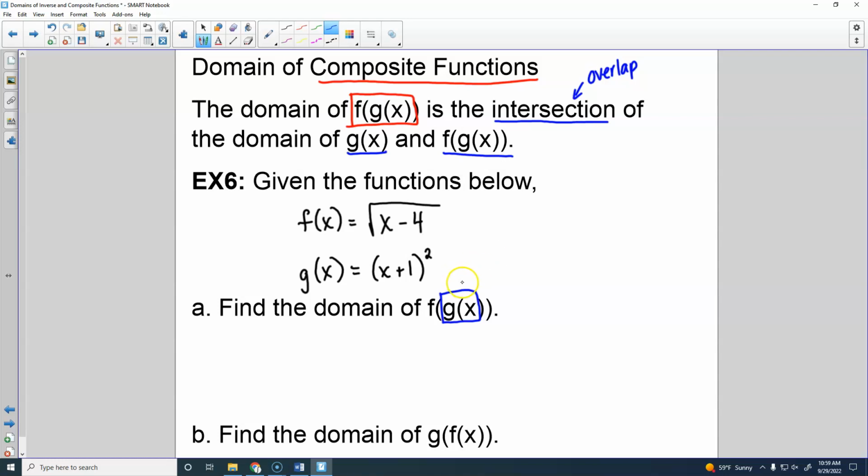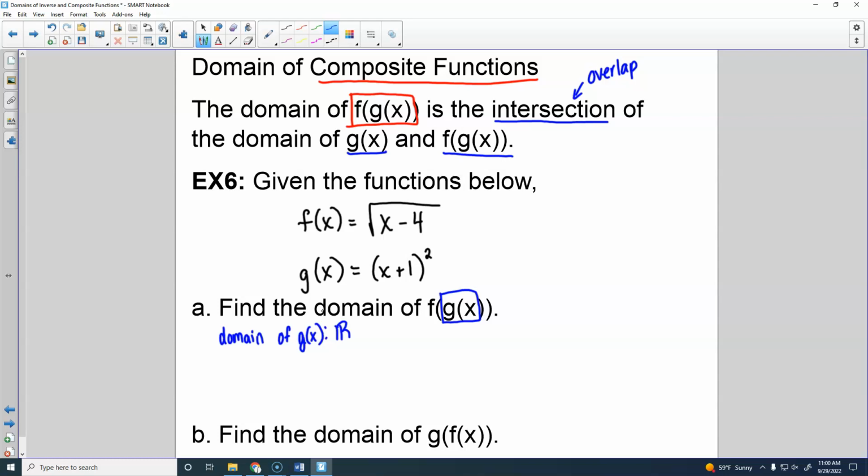So we have to check the inside function first. So for the domain of g of x, I've got a quadratic here, x plus 1 squared. What's the domain of a quadratic? All real numbers. Negative infinity to positive infinity, right? So there are no restrictions on this domain that come from that g of x for this problem.